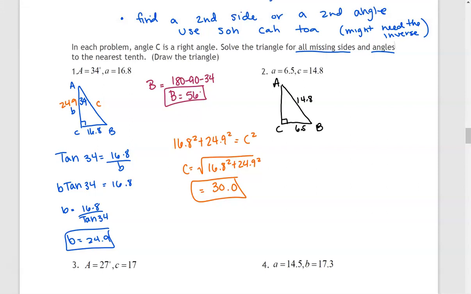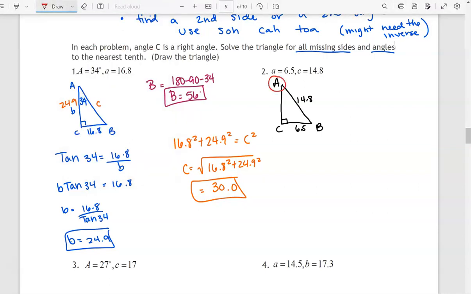So if we want to figure out what an angle is, let's say we want to figure out what angle A is, we are going to then have opposite and hypotenuse, or sine of A is equal to 6.5 over 14.8. So we're going to use the inverse. And typing that into our calculator, 26.1 degrees for angle A.